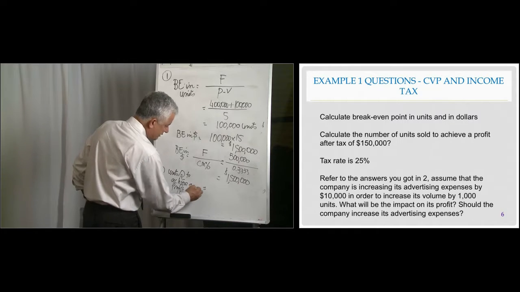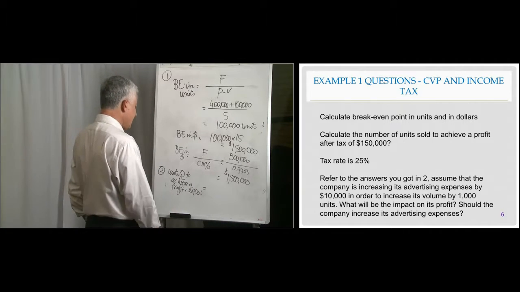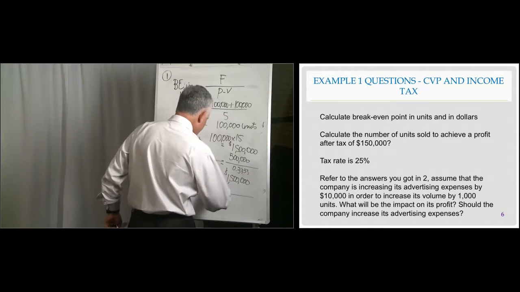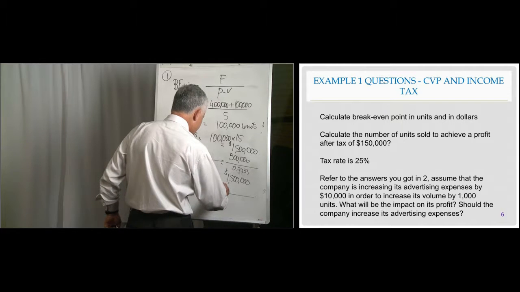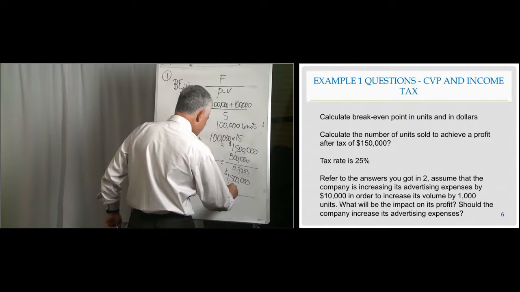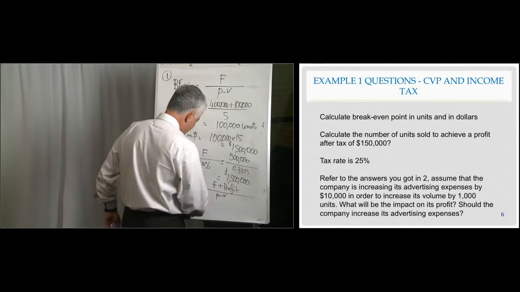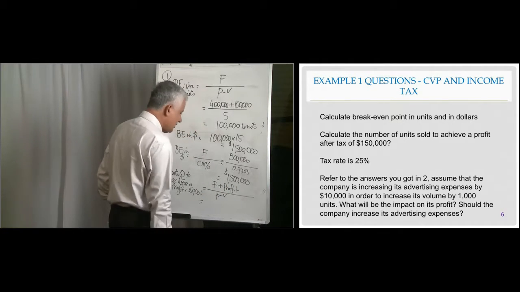Again, just using the formula, it is F plus the profit, divided by P minus V. Just plug in the numbers here.